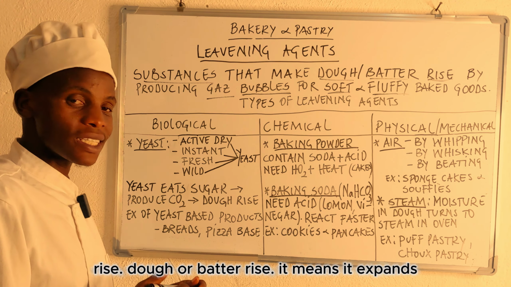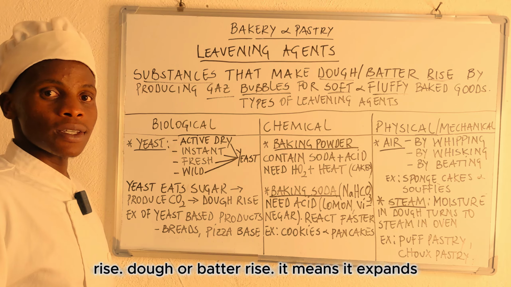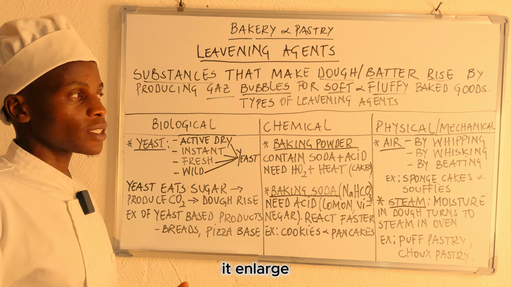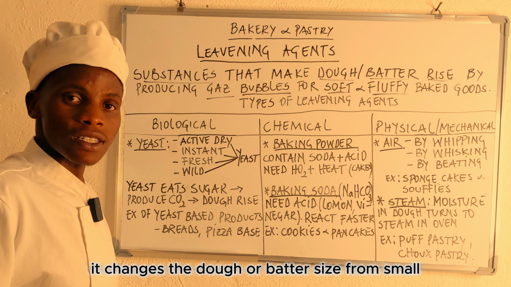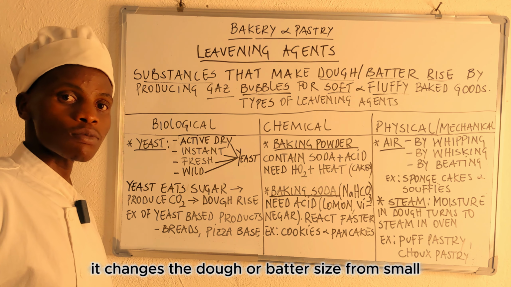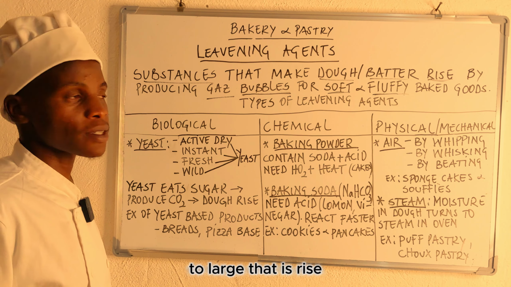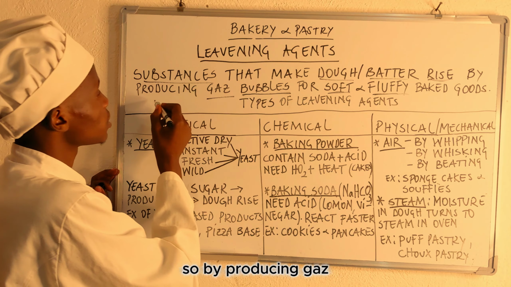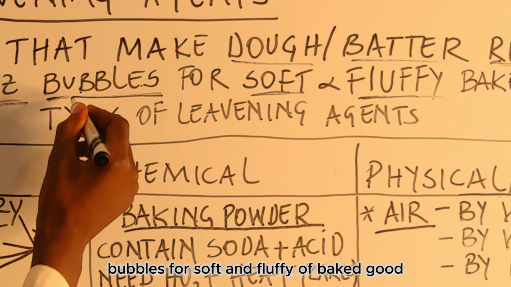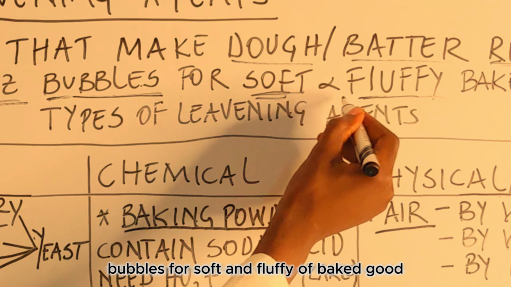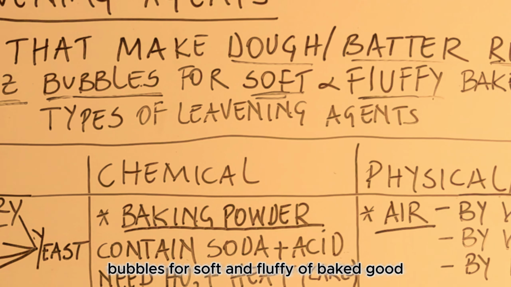It means it expands, it enlarges, it changes the dough or batter size from small to large, that is rise. By producing gas bubbles for soft and fluffy baked goods.